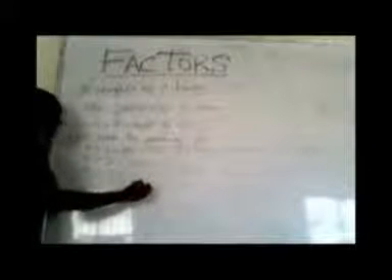So 2 is a factor of 4. 4 divided by 3 is equal to 1 remainder 1. So 3 is not a factor of 4. And 4 divided by itself, 4, is equal to 1. So 4 is a factor of itself.